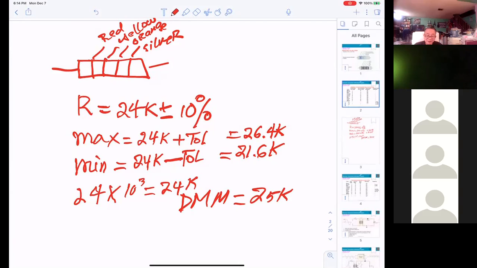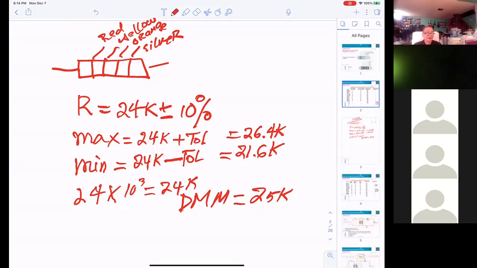Inside. Okay, exactly, inside the tolerance. The tolerance is from 21.6 up to 26.4, so if the DMM measures 25K, it should be okay.